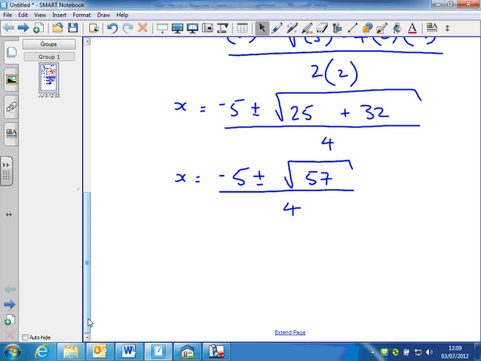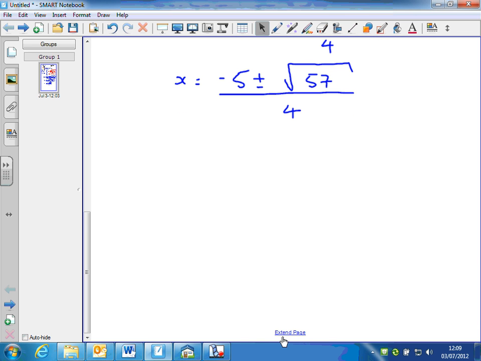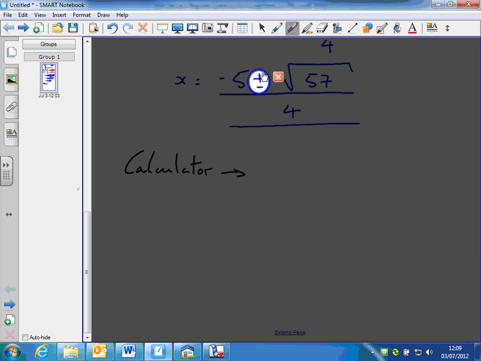What we literally key into the calculator is this. We write it using the fraction button, and then first of all, using the plus minus, use the plus first and then the minus afterwards.